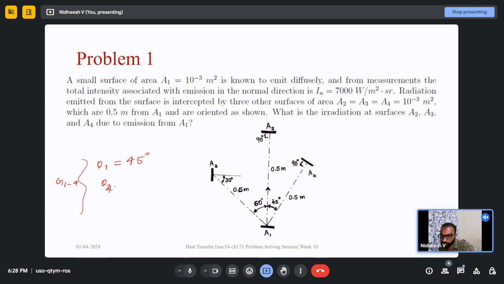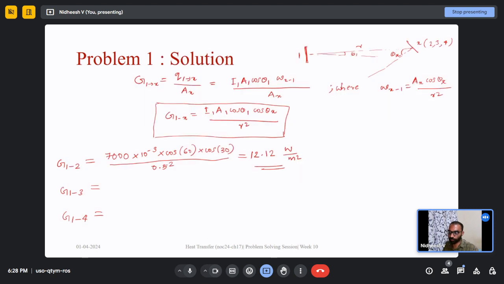Theta 4, we said that it is 0 degree. I hope everyone understood why it is 0 degree. And r is 0.5 meters. This is what we have. So let's substitute all these values in our equation and get the final results.